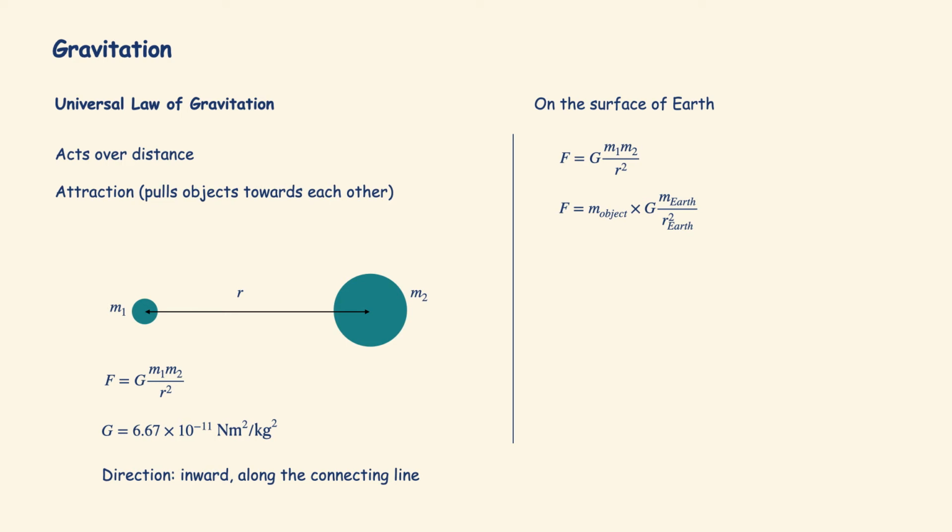But here's the pleasant surprise. For any situation where you're dealing with objects on the surface of the Earth, the distance between the object and the center of the Earth is approximately, for all practical purposes, equal to the radius of the Earth. Don't worry if this is a building and your object is on the 10th floor. It could be on the 100th floor, in a skyscraper.